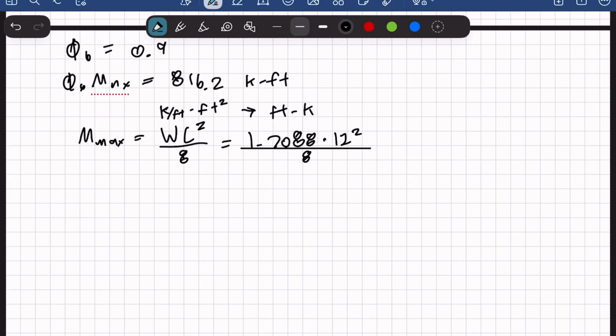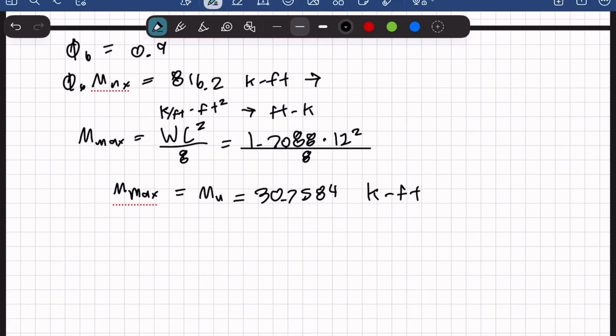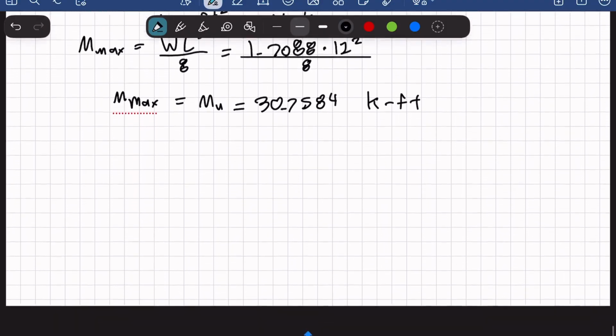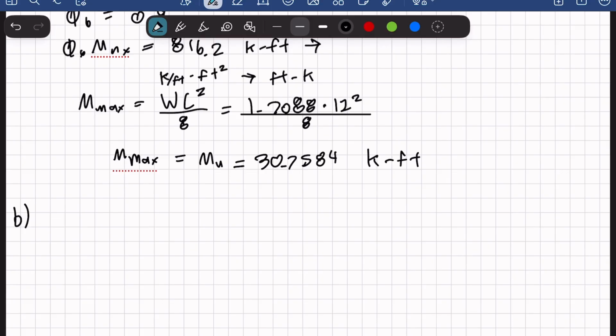As you can probably guess, this is going to pass by a large margin. Our maximum moment, which is Mu, the sum of our factored loads, is 30.758 kip feet. And with 816.2 kip feet of capacity, we are well under where we need to be, which isn't too surprising. It's not good if you're the engineer who designed this building, because you shouldn't have picked the W24x84, but I digress.